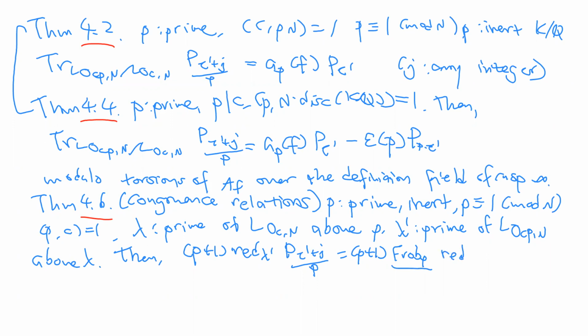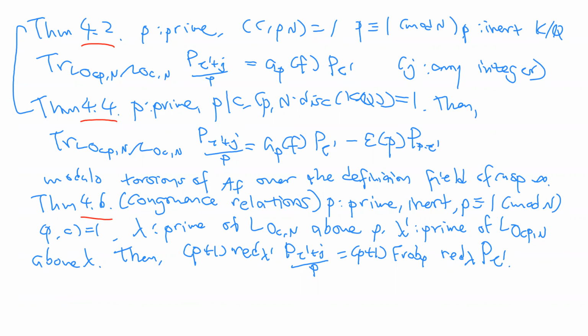Of course, pth Frobenius is possible because these are all reduced by a prime of residue characteristic p, reduction lambda of tau prime. You may notice that this is slightly different from Kolyvagin's congruence relations, like the presence of p plus 1, but I don't think it's a big deal.